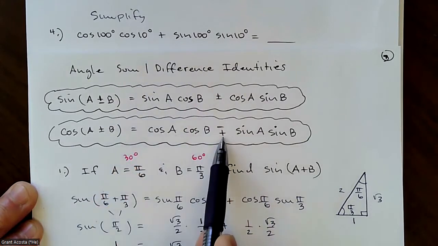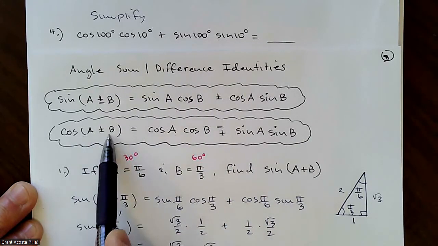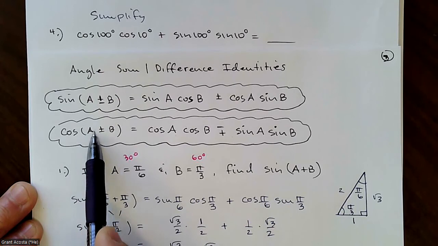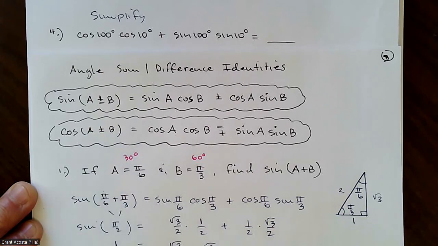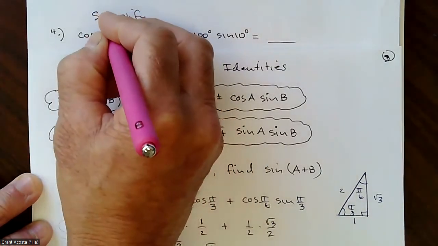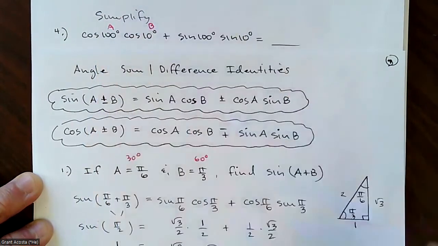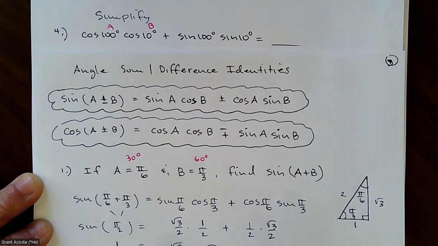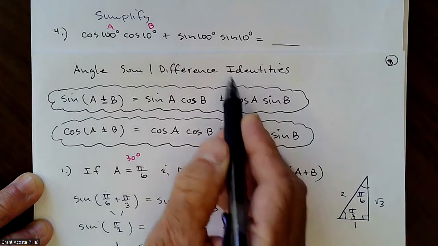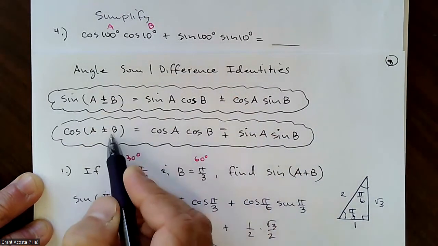There's a plus in between here, so this actually must be the formula for the cosine of A minus B, where A is 100 degrees and B is 10 degrees. So it's just the right side of this identity.